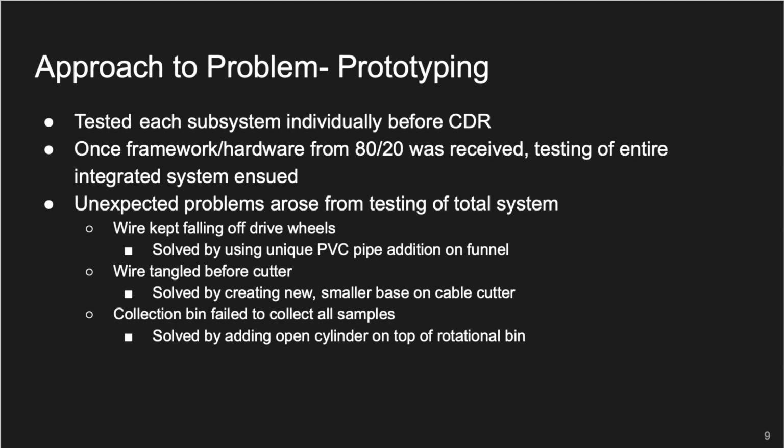This was solved by making a guide for it to go through the wheels so the wheels can move freely. The wire also got tangled before the cutter. This was solved by creating a smaller base on the cable cutter so the wire had more room to go through the cutter. And then the collection bin we knew was going to have a whole bunch of problems, and we actually just tested that by adding a cylinder on the top of the rotational bin.